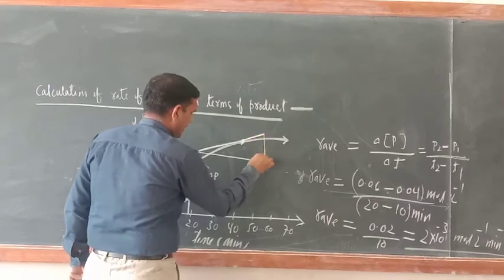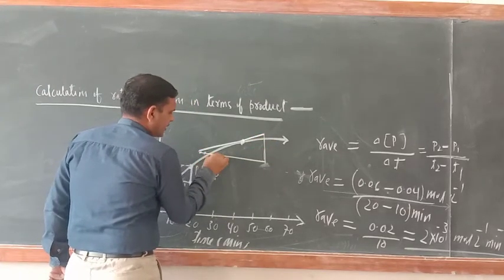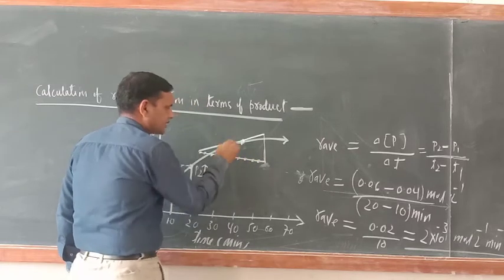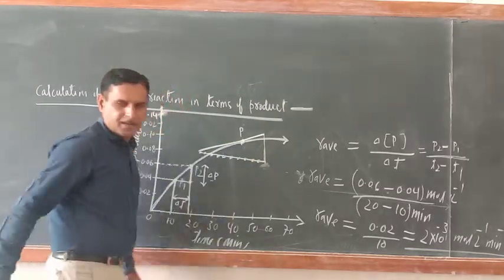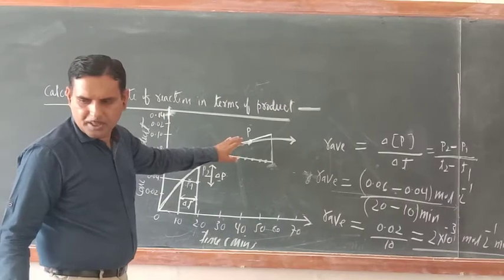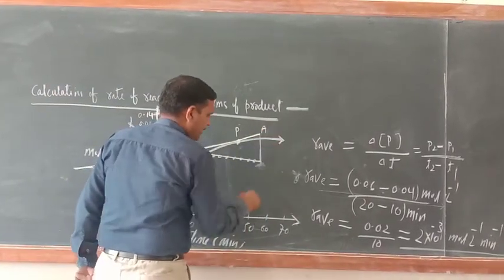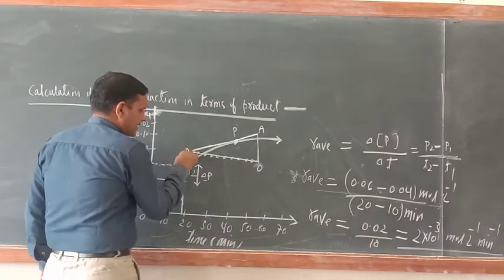Dotted line. Now this is point P. At point P you have drawn the tangent. Now this line is A, this is O, this is B.